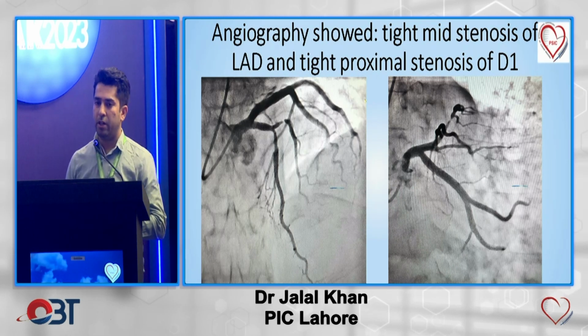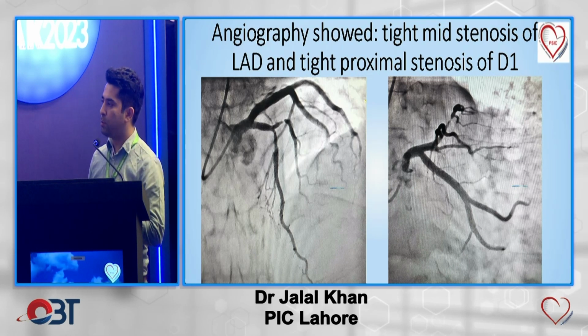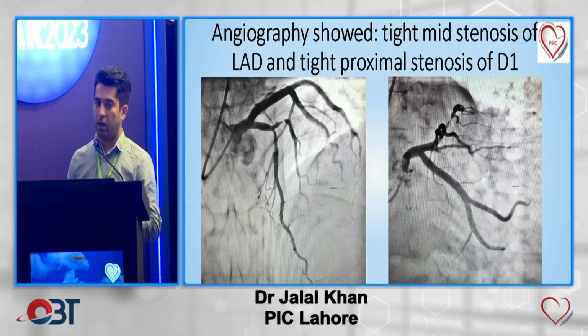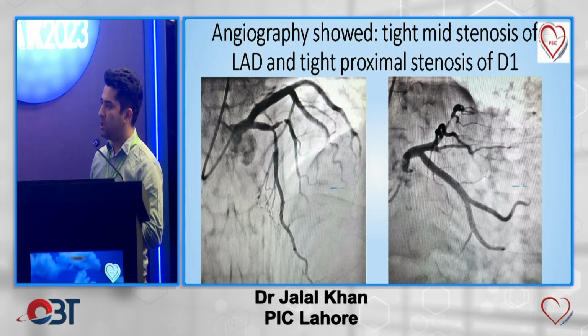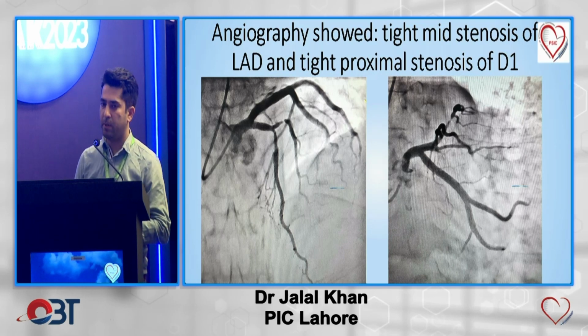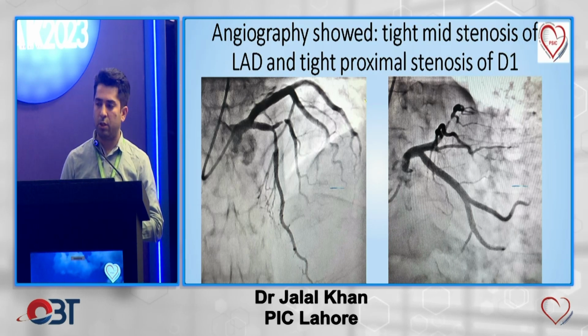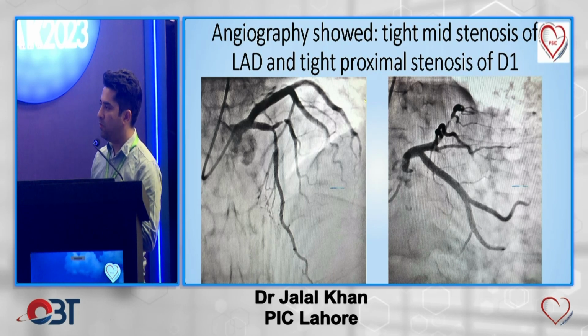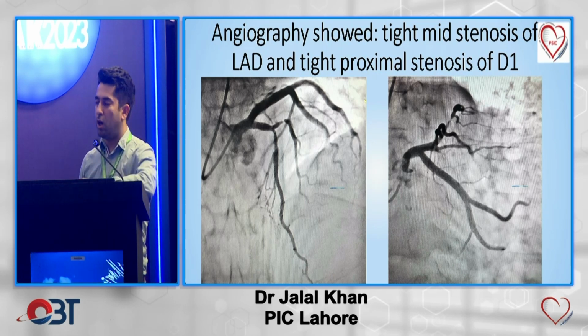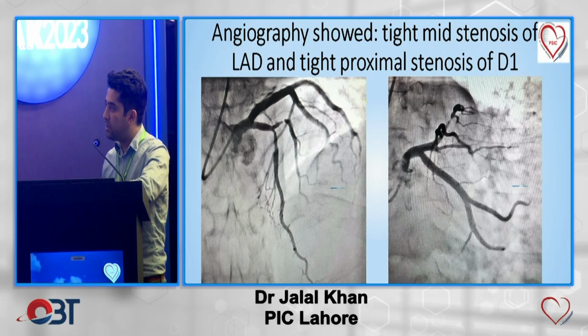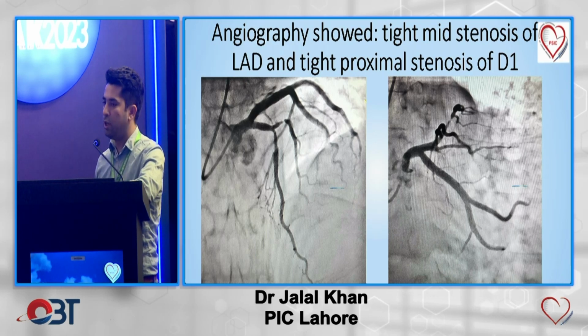After discussing it with the team, it was decided how to approach this patient, and we also involved the hospital nephrologist, who gave his opinion and decided that we should proceed with PCI of the culprit lesion. After the team discussion, we came to the point that we have to proceed with IVUS guidance.